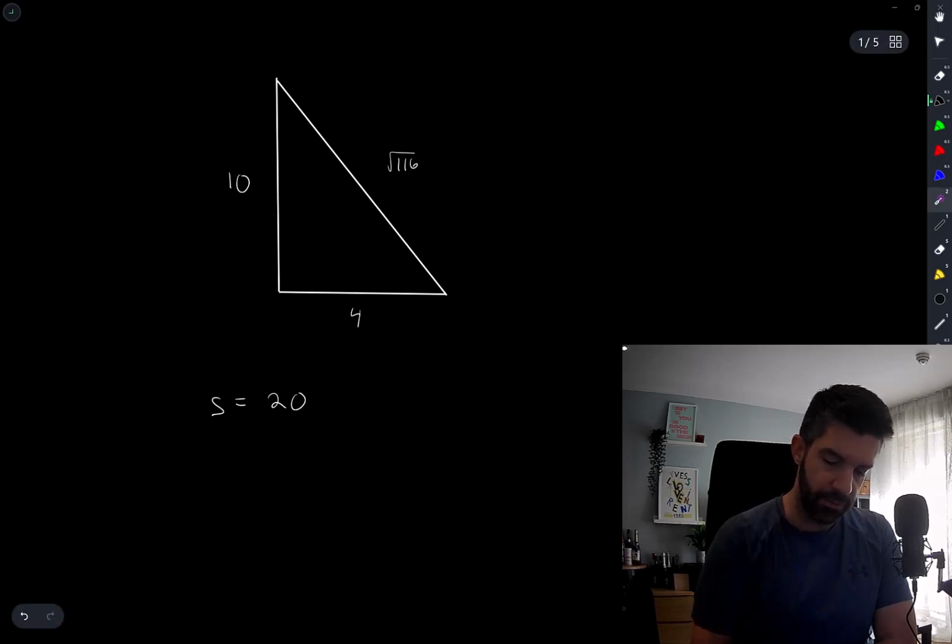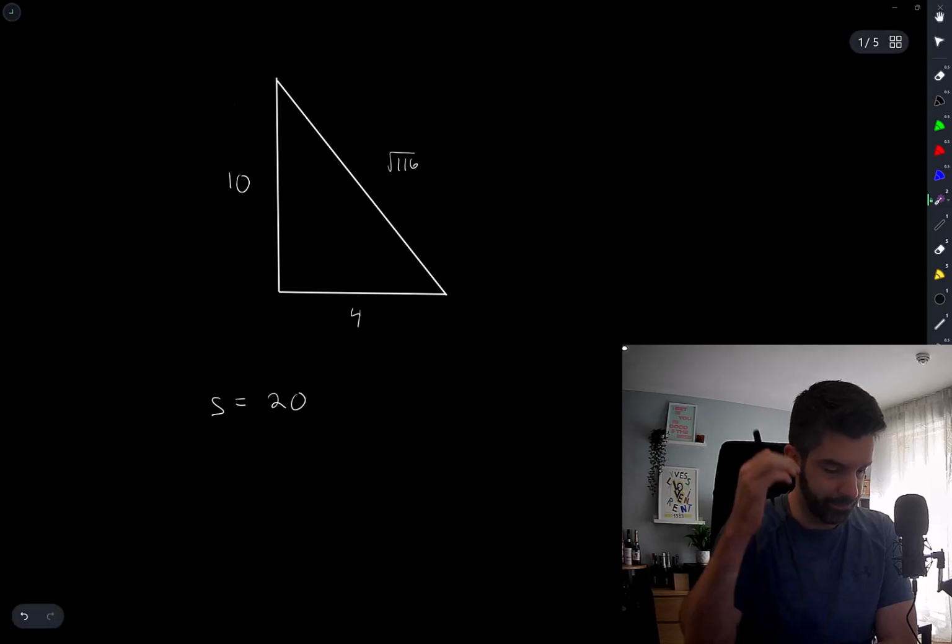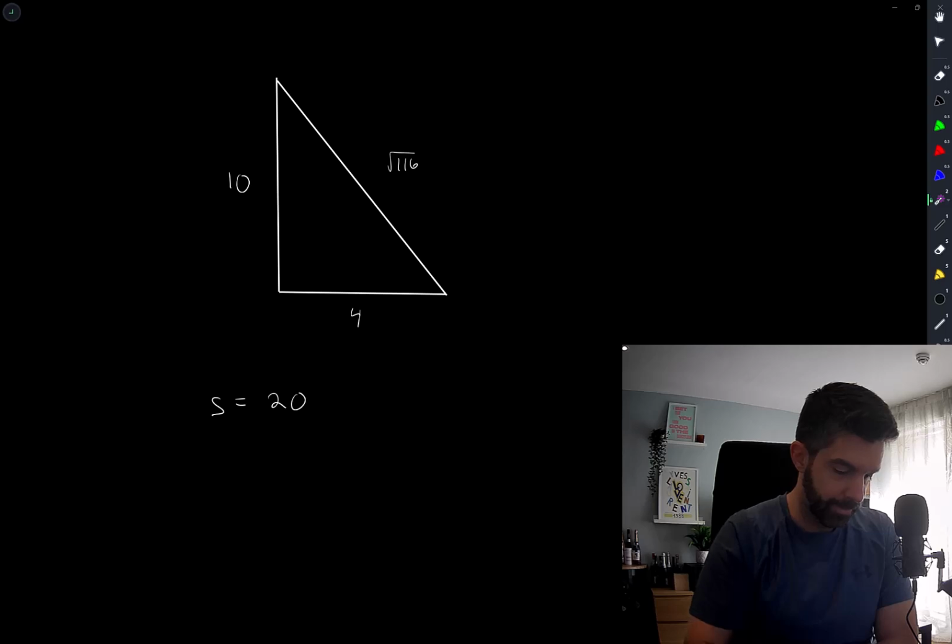Now let's fix that side there at 4. If I grab this point and move it to the right, fix this side length of 10, and start to swing this point downward, then we have 4 and 10, and it becomes an obtuse angle here, but instantly the area gets smaller.